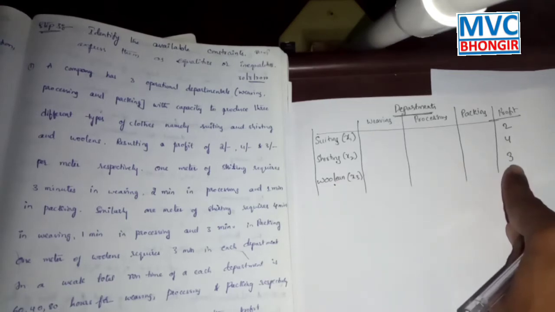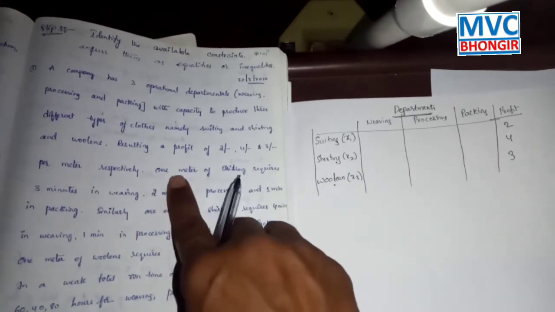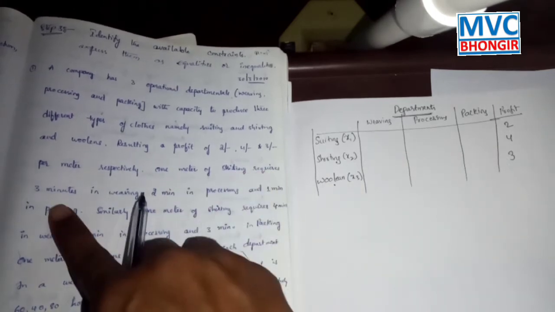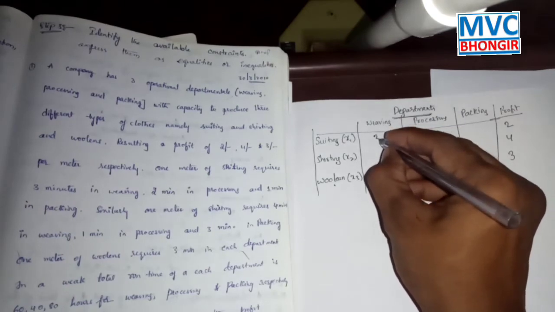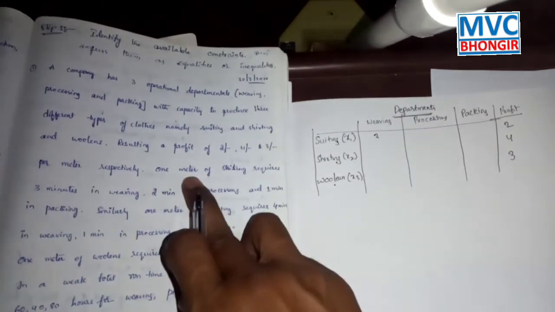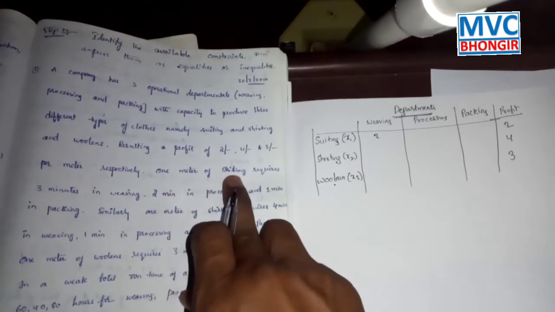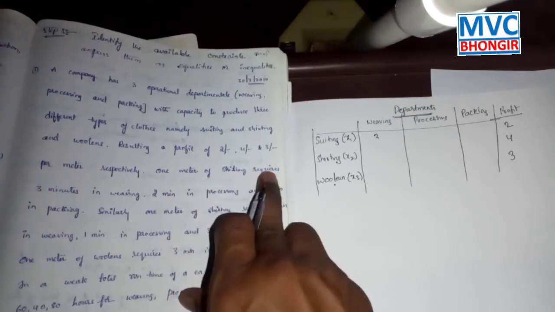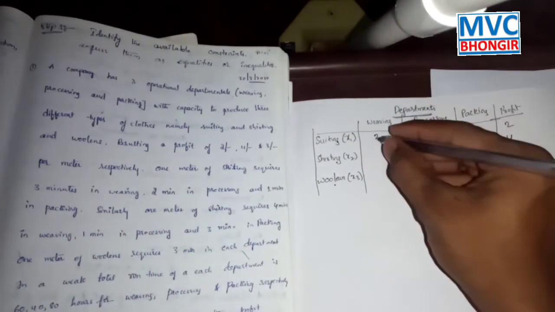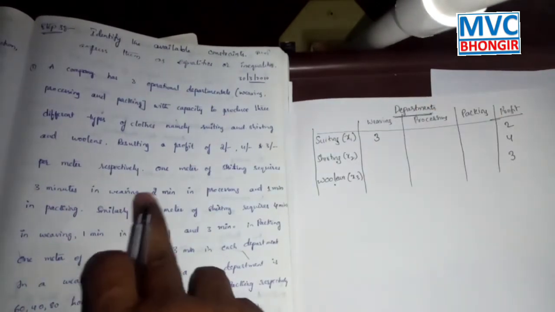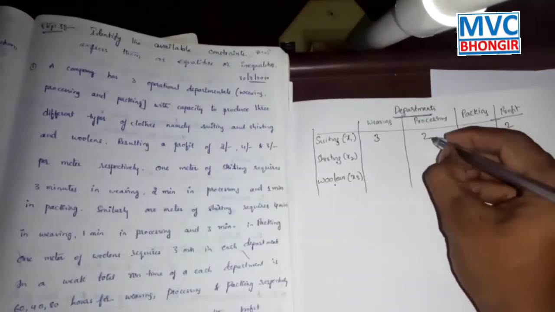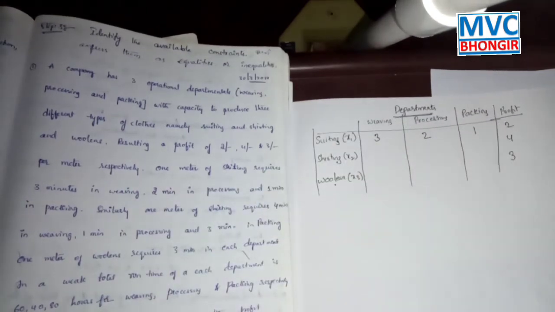To produce 1 meter of suiting cloth requires 3 minutes in weaving, 2 minutes in processing and 1 minute in packing.